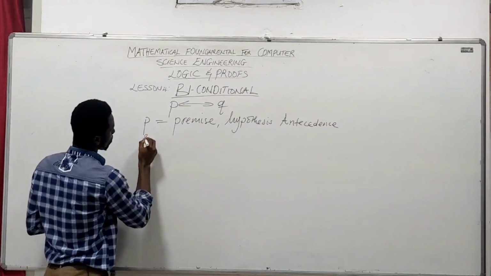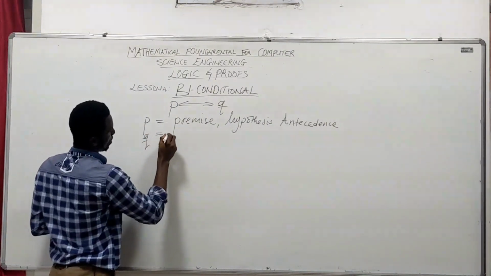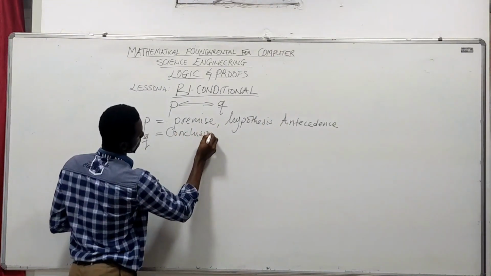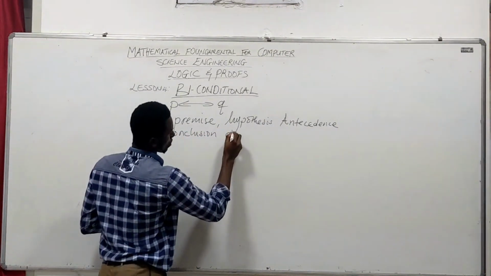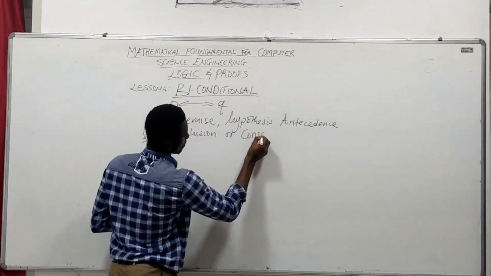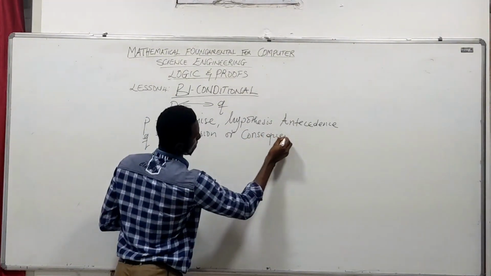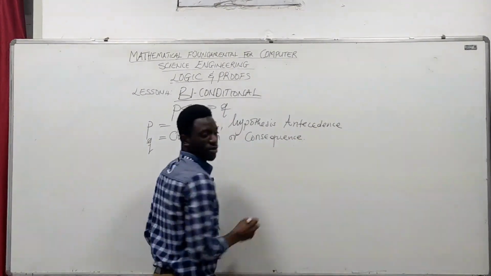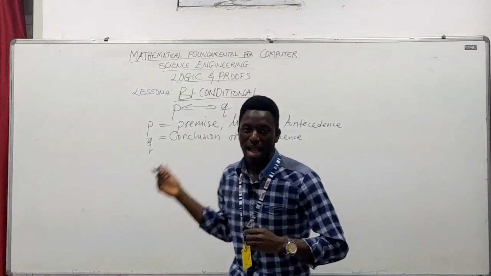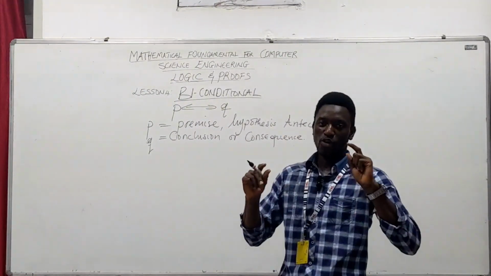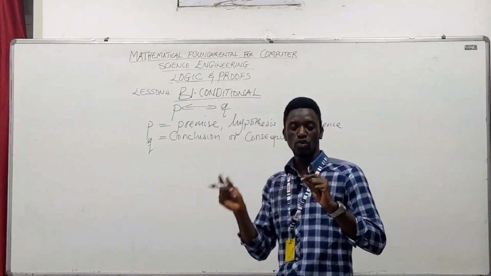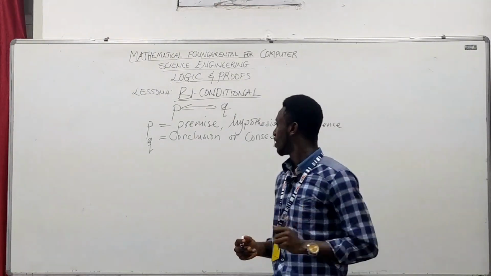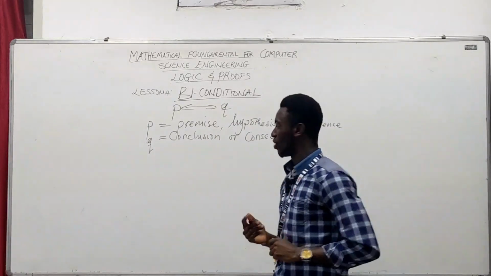And our Q is the conclusion or consequence. So for biconditional, if and only if both statements are true or both false, then it's true. Otherwise, it's false. Okay?